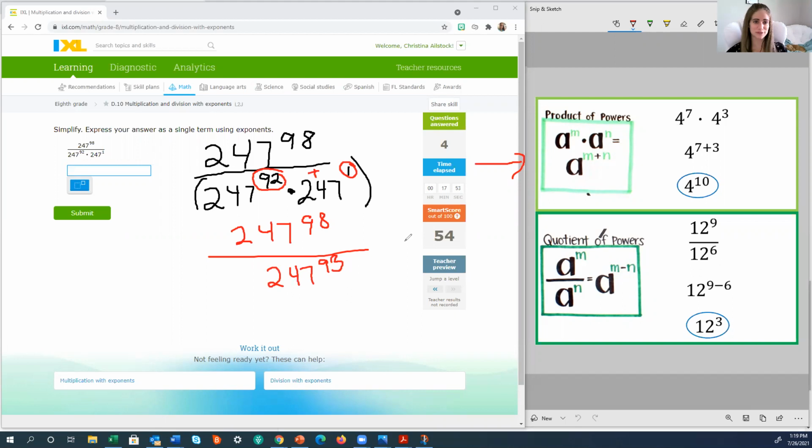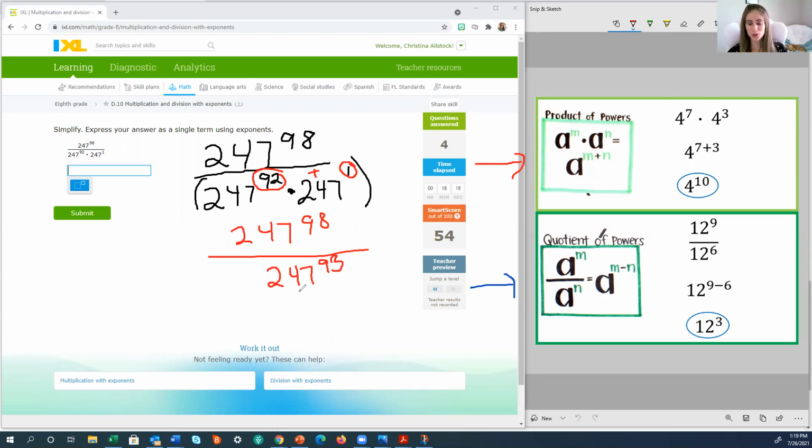Now that the denominator is simplified, we've gotten rid of that grouping, we've gotten the parentheses, now I can do that division. Now I can apply the quotient of powers. This one we've practiced a lot in the video, quotient of powers. If we are dividing and they have the same base, they do, 247, 247.